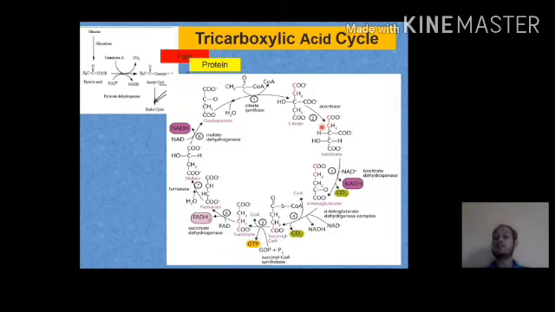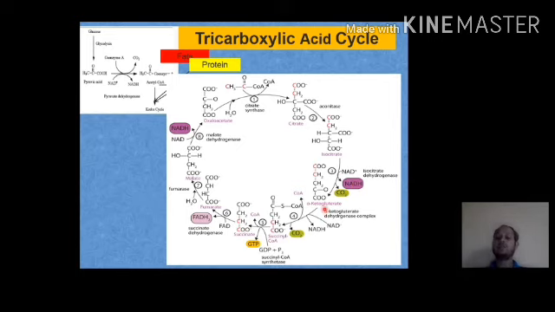In the second reaction, citrate is converted to isocitrate with the help of the enzyme aconitase. It is just an isomerization type of reaction. Isocitrate is acted upon by isocitrate dehydrogenase and converted to alpha ketoglutarate. In doing so, a molecule of CO2 is released with the formation of NADH, which is a reducing equivalent.